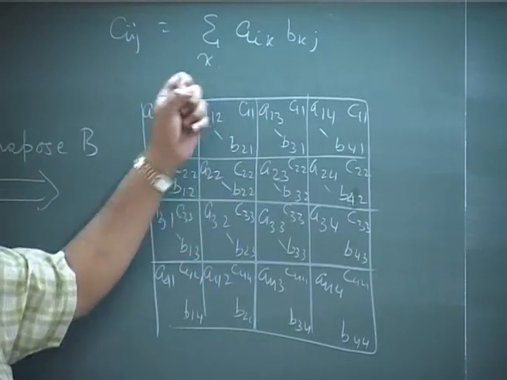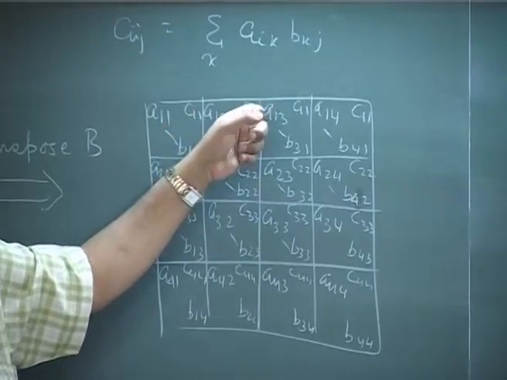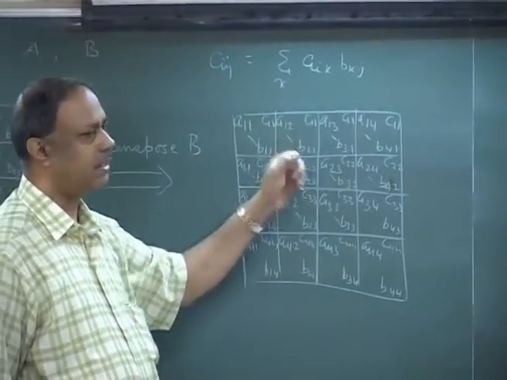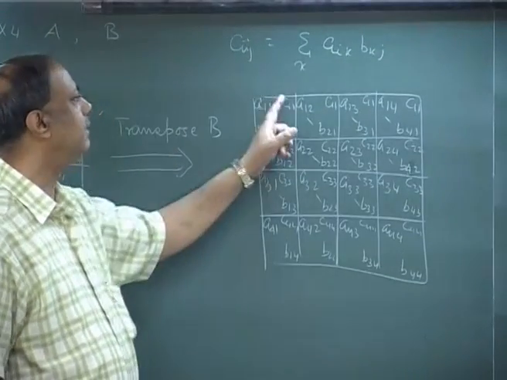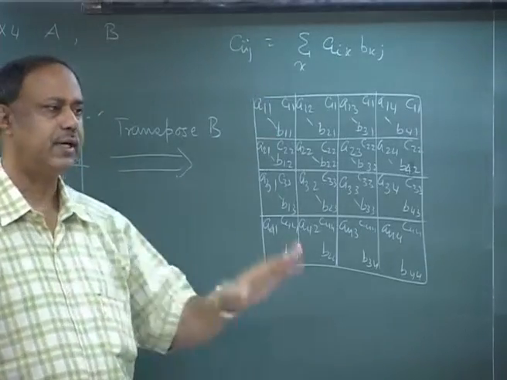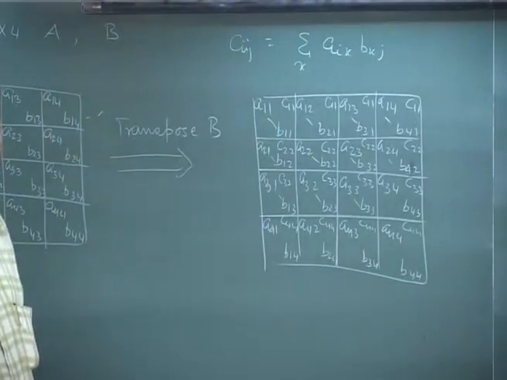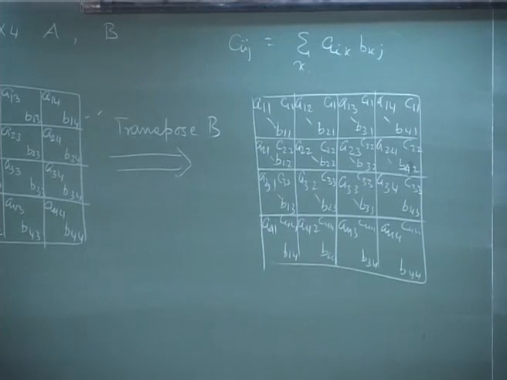Order n time is okay, because data movement is required. Whatever procedure you follow, you have to give order n time. One way is to bring the values one by one, add them, and move the data. So order n is sufficient for an n cross n matrix. So the diagonal elements are fixed.